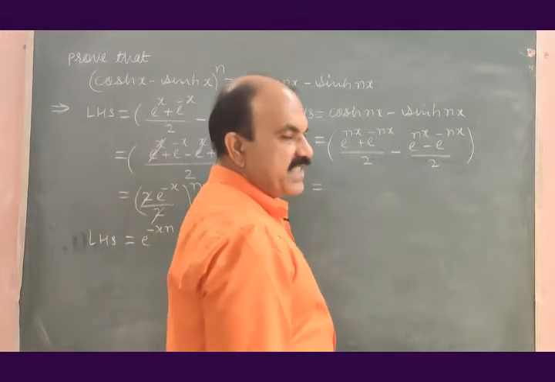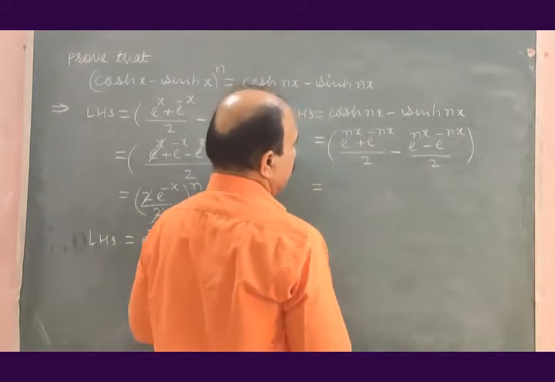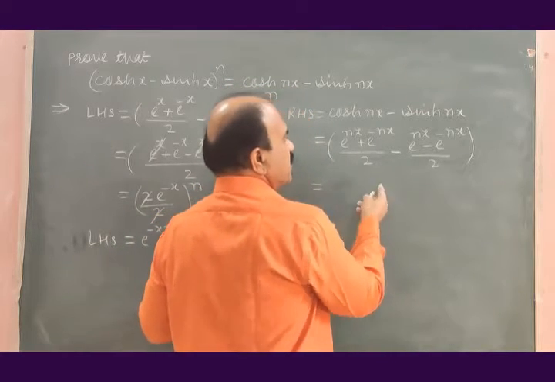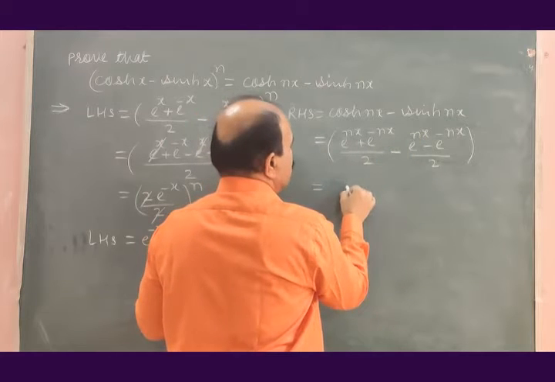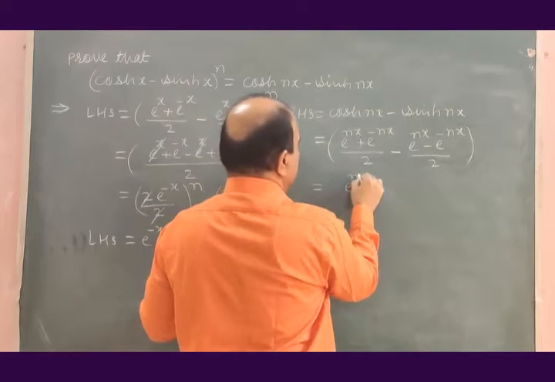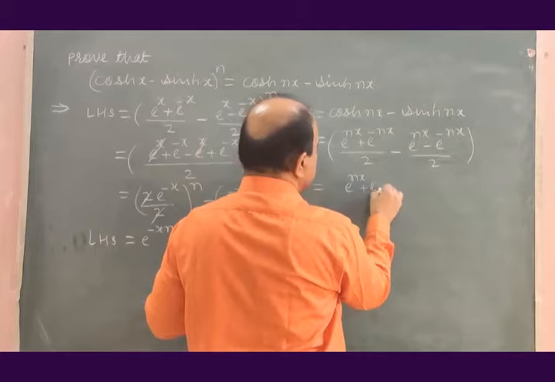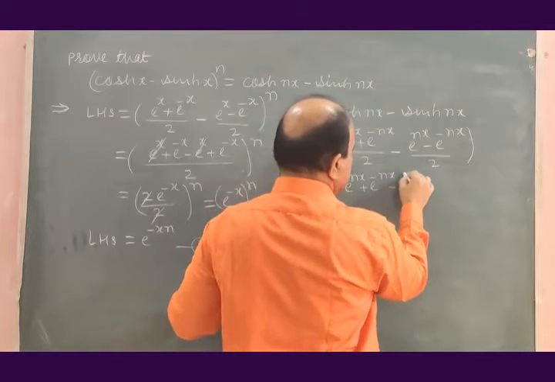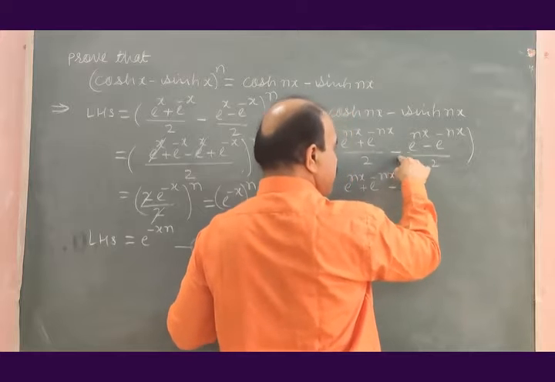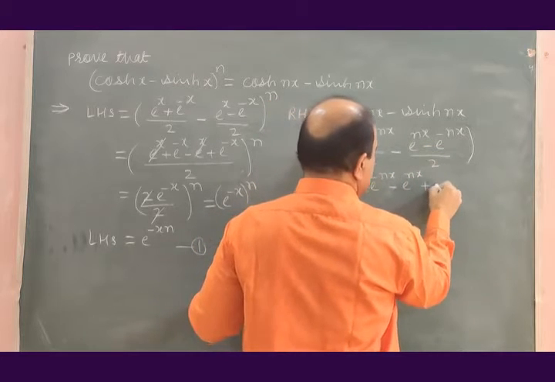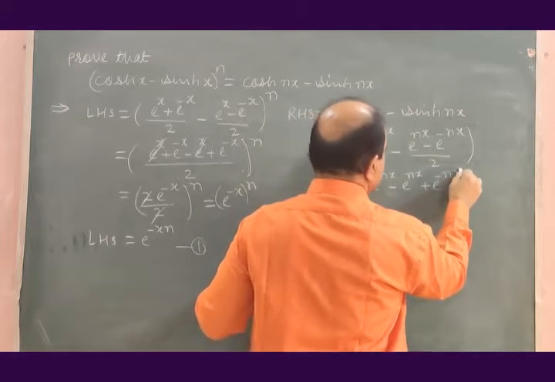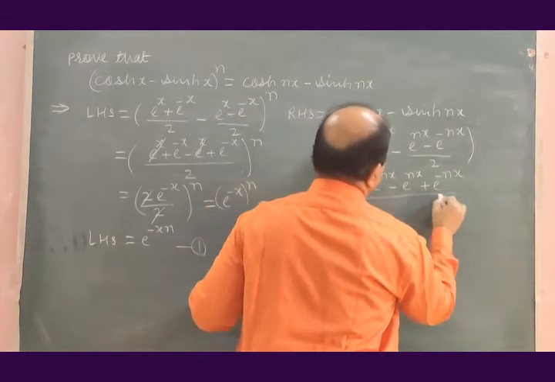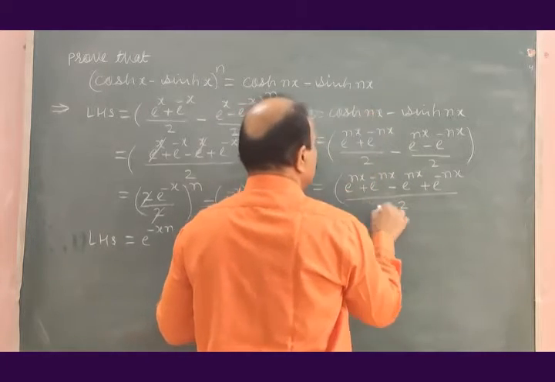As the denominator is same, let us take addition or subtraction of the numerator as possible, that is e to the power nx plus e to the power minus nx minus e to the power nx plus e to the power minus nx, whole divided by 2.